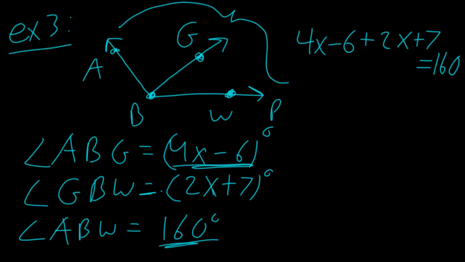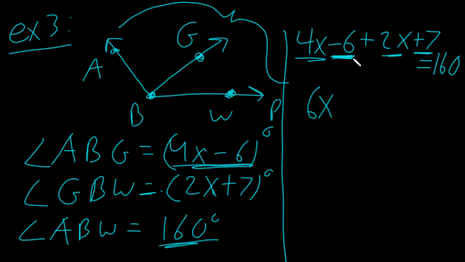So, I look at my 4x, and I ask myself, are there any other like terms that have an x? And here we have 2x. So what is 4x plus 2x? Well, that would combine to be 6x. And then, what is negative 6 plus 7? Remember, always include that symbol in front of the 6. Well, of course, that would be plus 1. And that will give us 160.